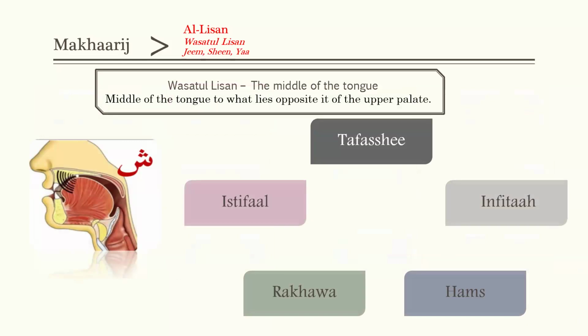Now sheen, the middle of the tongue lies opposite to the upper palate. Now, if you notice in the diagram here, there's a distance. And also the tongue is more spread, and it's the entire tongue to the entire palate.